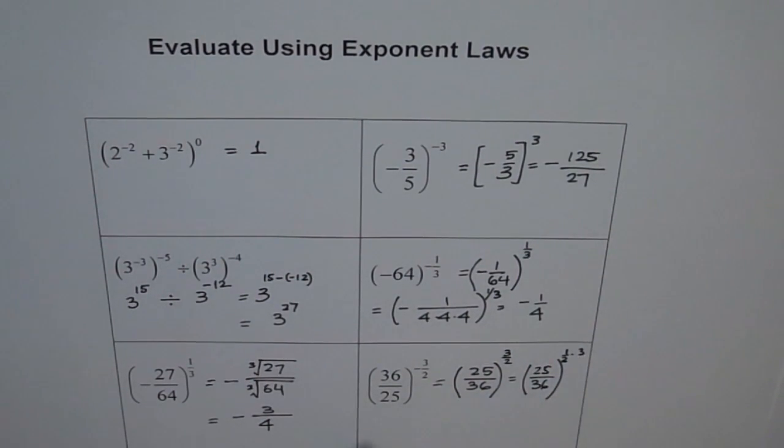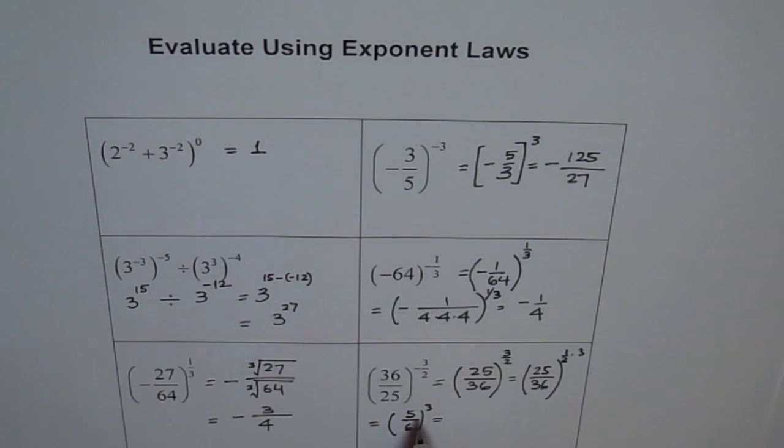Do you understand? So I can write this as 5 over 6 and then cube. Do you understand what I did? I did the square root of this first so that we get smaller terms, right? And then I will do the cube of this.